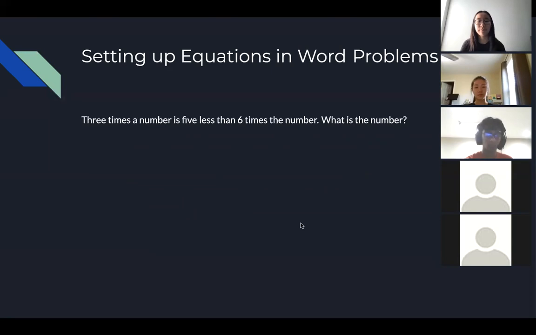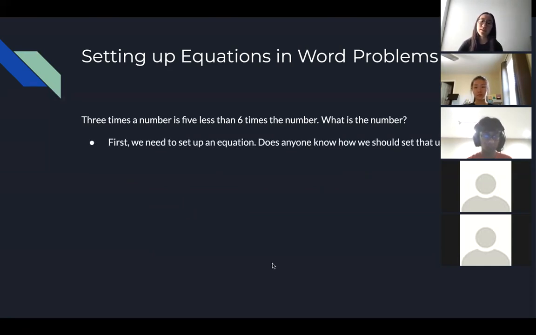3 times a number is 5 less than 6 times a number. What is the number? Okay, so first we're going to need to set up an equation. Right now, does anyone know how we should set that up? You can type your equation in the chat.